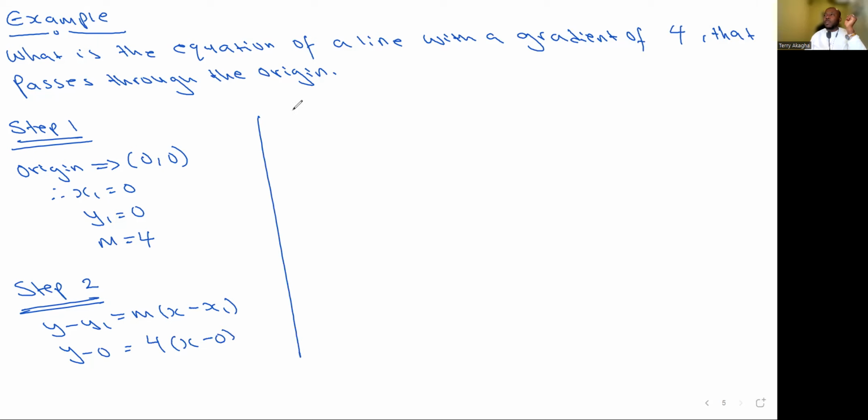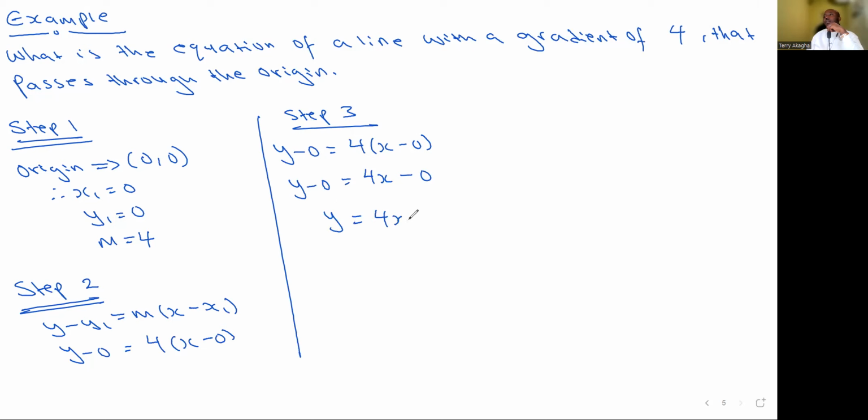Step 3, we're told to then expand and we write it in the form of y is equal to mx plus c. So that'll give us y minus 0 is equal to 4 times x minus 0. 4 times x will give us 4x minus 0. Then y will be equal to what? 4x.